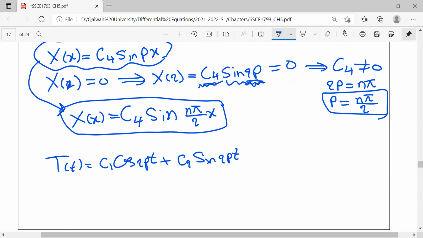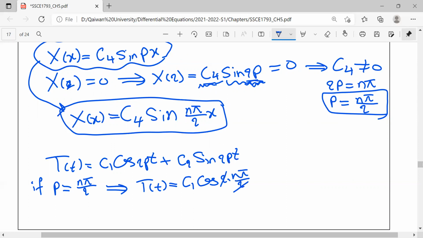Here, we replace p by n pi over 2. If p is n pi over 2, what do we get? T of t equals c1 cosine of 2 times n pi over 2 t. These cancel out, so you get only n pi t.